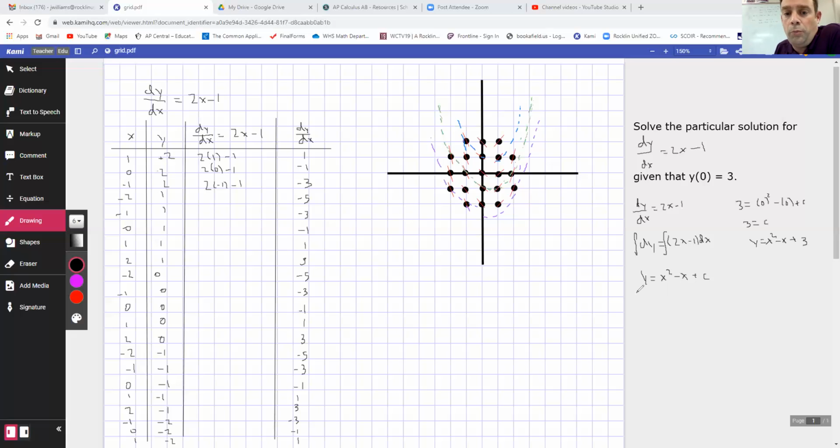Again, the purple, green, blue, those parabolas, that would be this right here. And if I knew the particular solution, and it was at 0, 3, if I were to keep this going, I'd probably end up with the same kind of parabola coming forward, but I could actually graph that particular solution through that point.